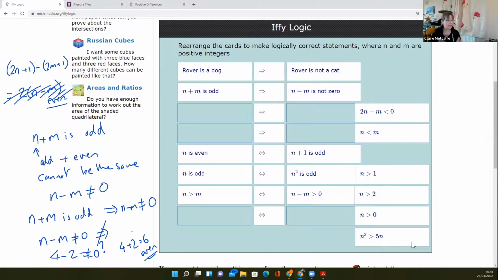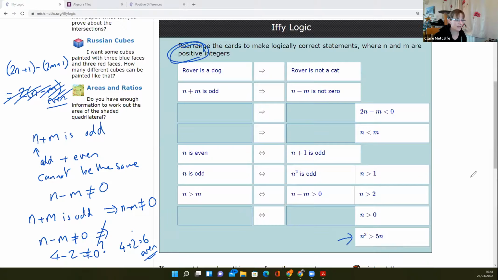But I will say that the thing that throws me, and I think, Liz, you said this as well, is that n and m are positive integers. And so far, we haven't had to use the fact that they're positive. And that comes into play with this one.